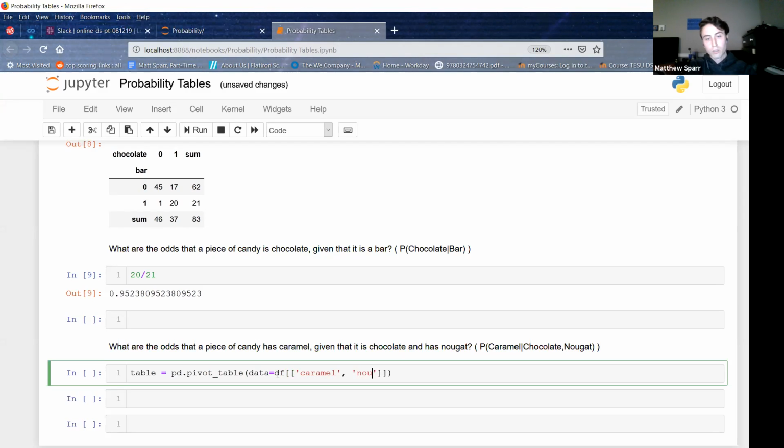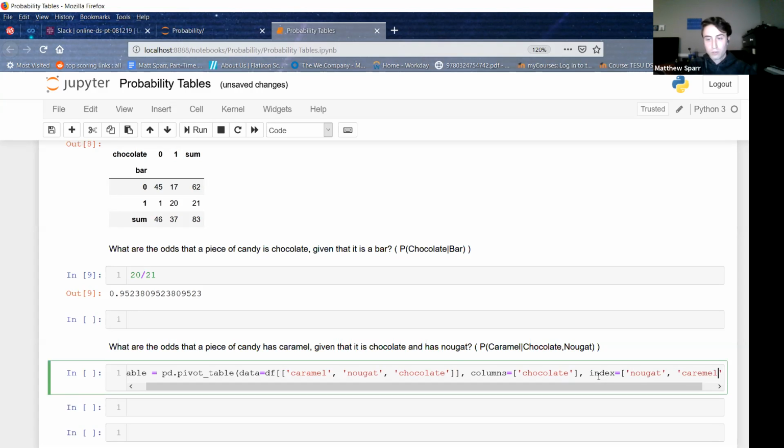So caramel, nougat, and chocolate. And then we'll keep the columns the same. And we'll just set that to chocolate. And then we're going to add 2 indexes. So we're going to add a list of both nougat and caramel.